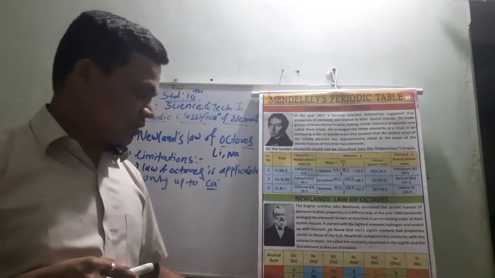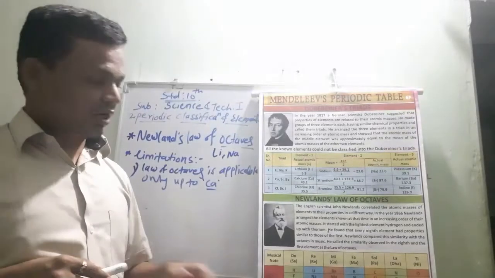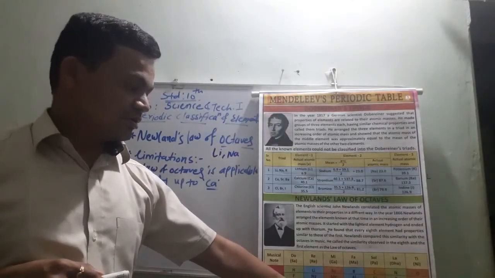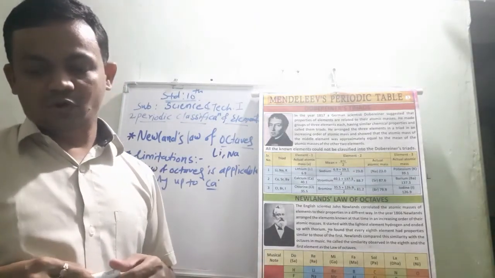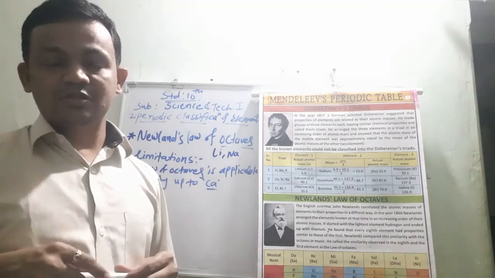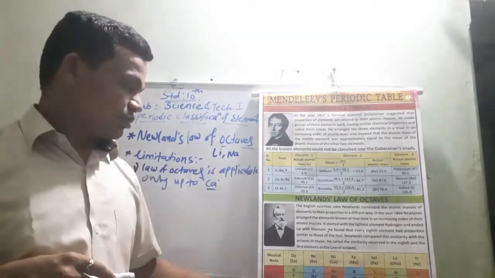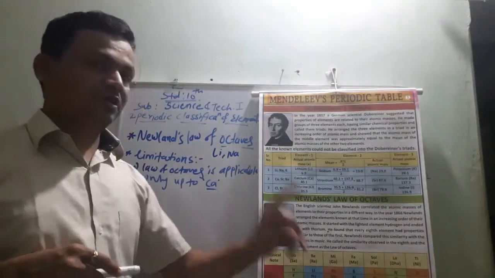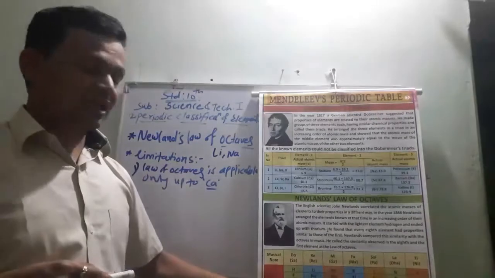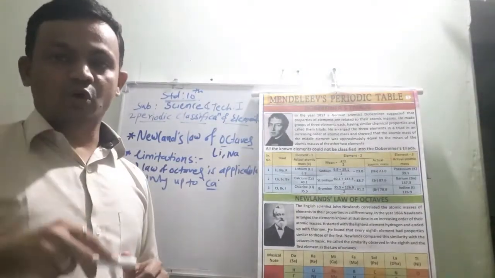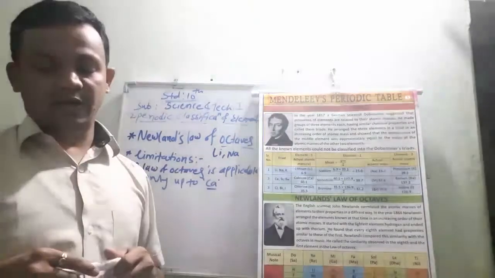You will see here some elements, that is cobalt and nickel, as well as two elements, Ce and La. What is their meaning? Ce means cerium, and La means lanthanum. These two elements are placed in a single box. So some elements are placed in the same box to accommodate all the known elements. So this is also a drawback.